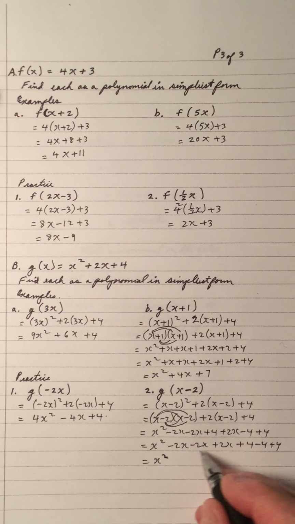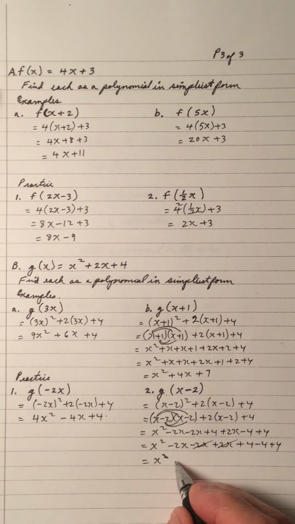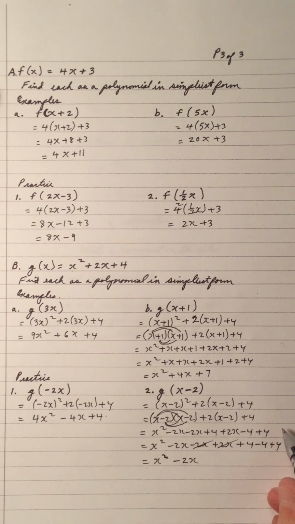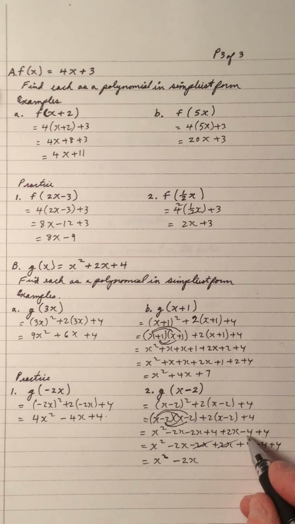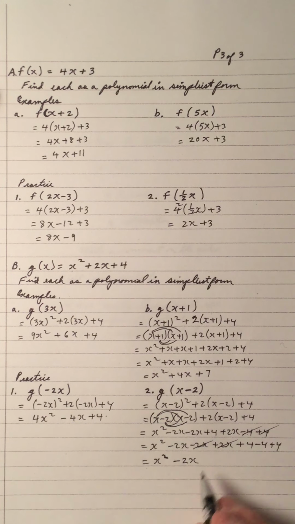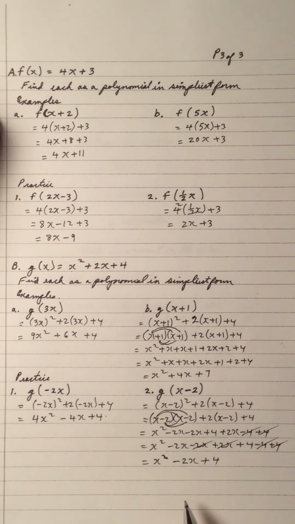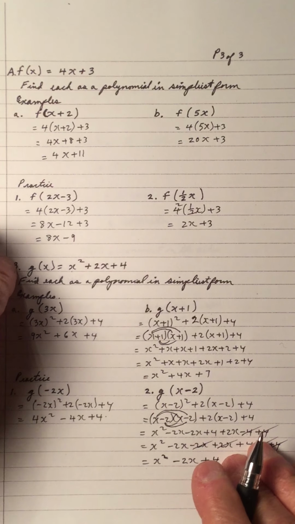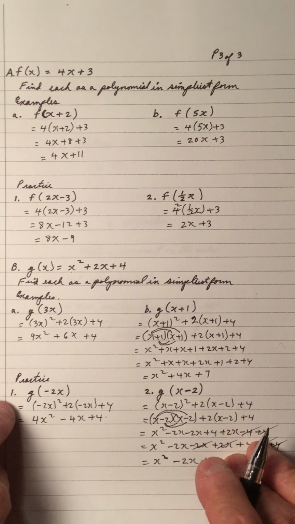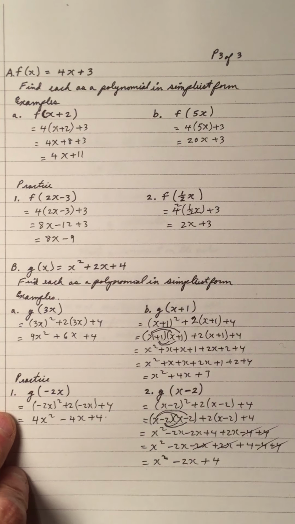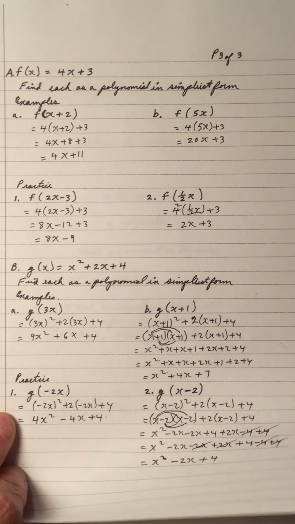I have a negative x and a positive 2x, so I get a plus x. Actually, I could have canceled the minus 4 and the plus 4 right here and just added the plus 4. But if I carry them down, they're still gone, and I'll get a plus 4. So when you're doing polynomials, you always group your like terms in descending order of your powers, and a constant is always on the right.